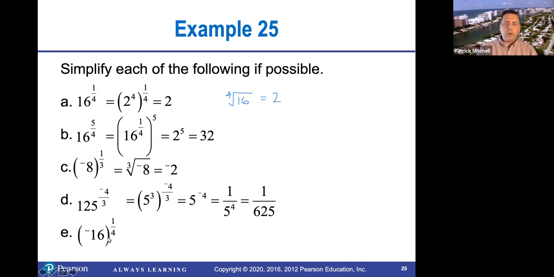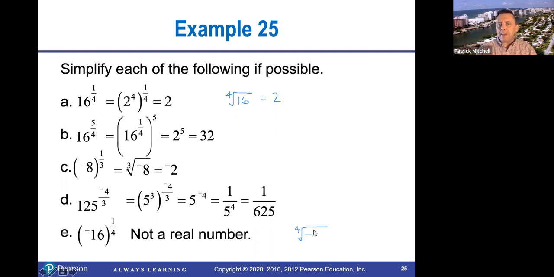And then finally, we have the 1/4 power of -16. And that is not a real number because, let's see, did we talk about this exact example earlier? I think we might have. The 1/4 power of -16 would mean the 4th root of -16.